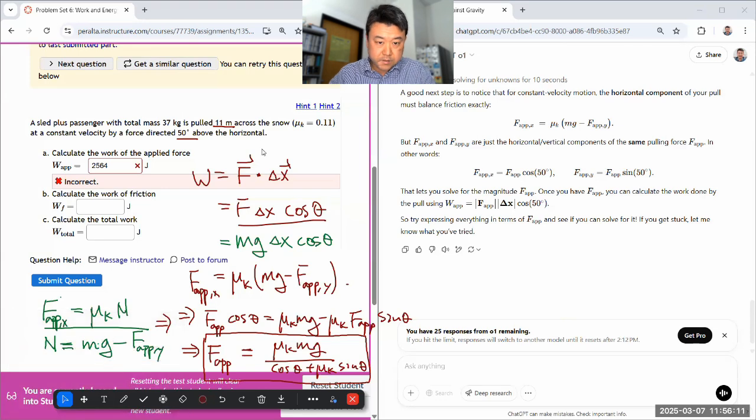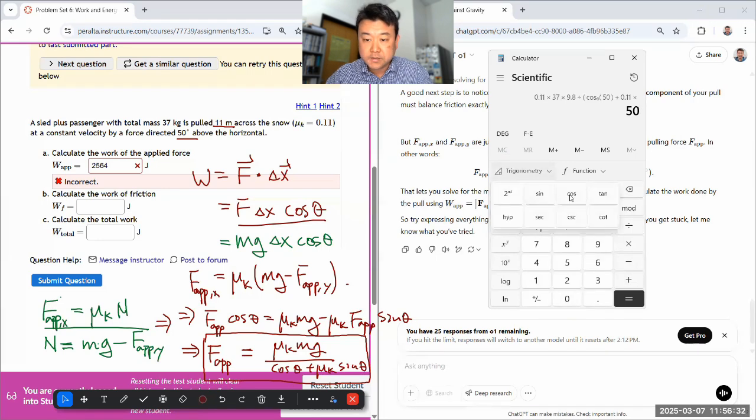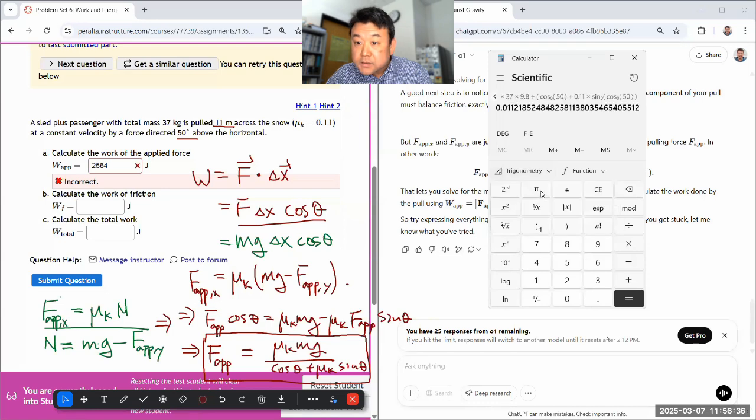So, with my calculator, my friction coefficient is 0.11 times the mass, 37, times g, 9.8, divided by parenthesis open, cosine of 50 degrees, plus mu k, so 0.11 times cosine of 50 degrees. Oops, not cosine, sine of 50 degrees.